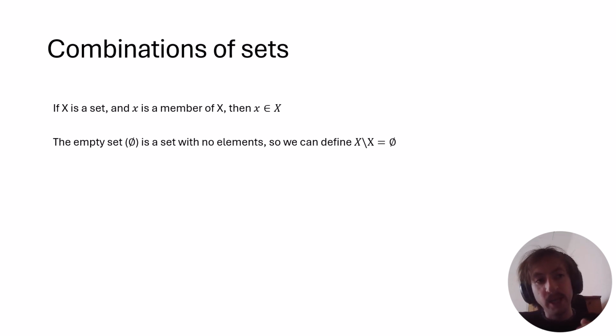And similarly, if we want to define certain groups in terms of sets, it turns out that the empty set acts as our identity element. So if we're doing algebra, or looking at equations involving sets and operations between sets, the notion of an empty set is incredibly useful in a lot of cases.